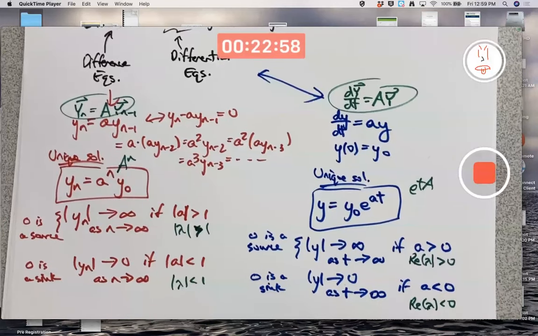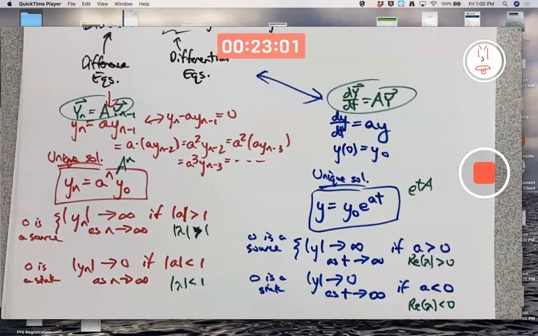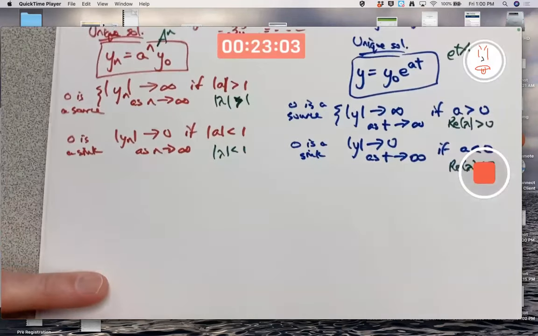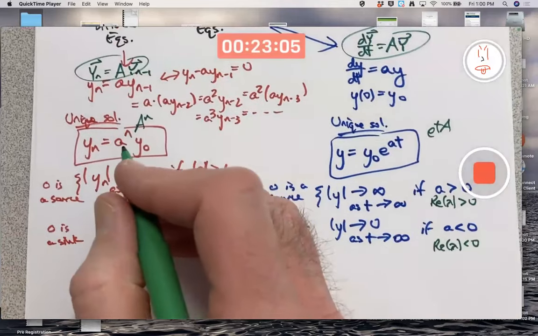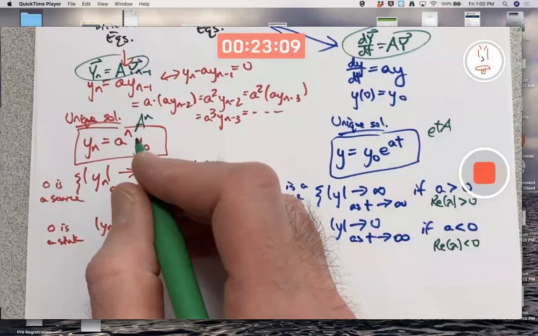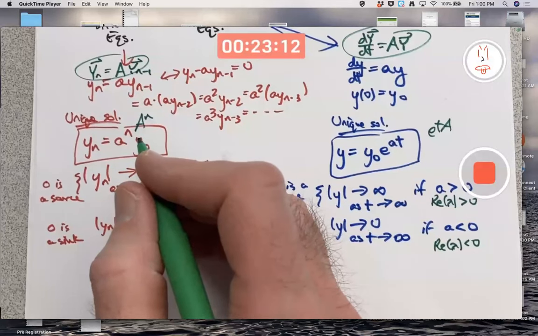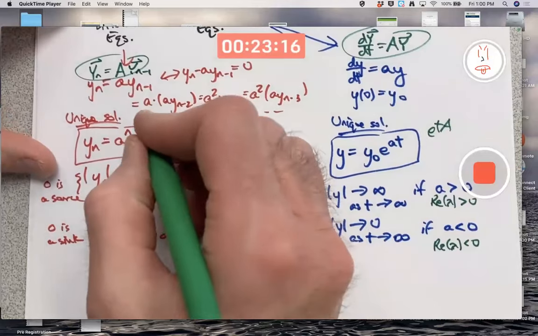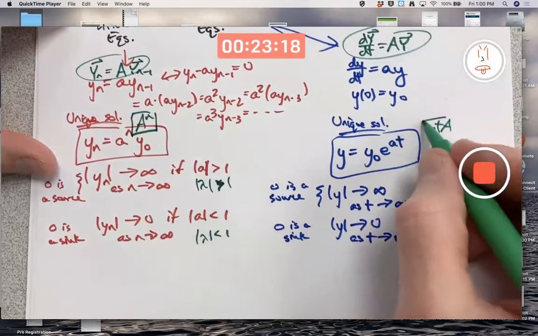Change of coordinates was a big theme as well. Why? Because diagonalization, change of coordinates, is a nice tool, when you think about it geometrically, especially for computing A to the n and computing e to the tA.